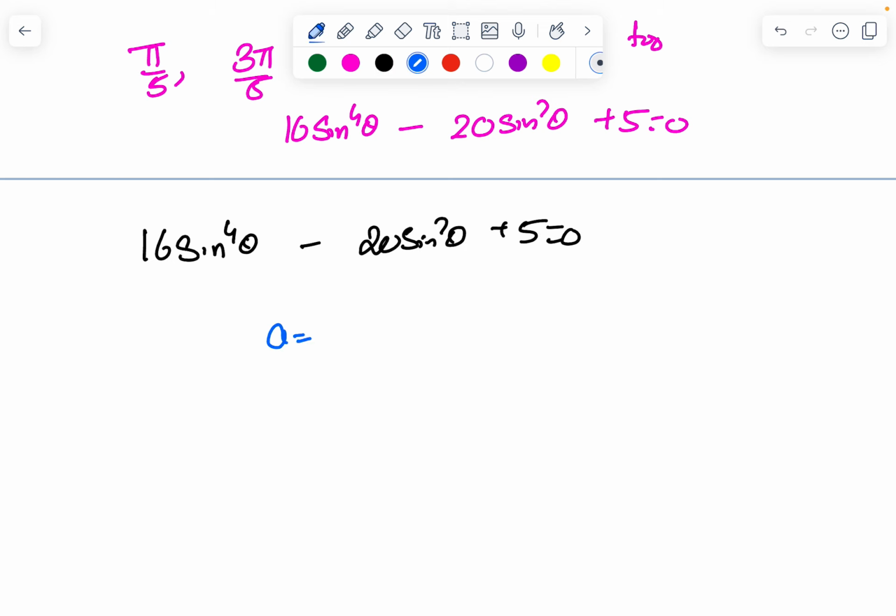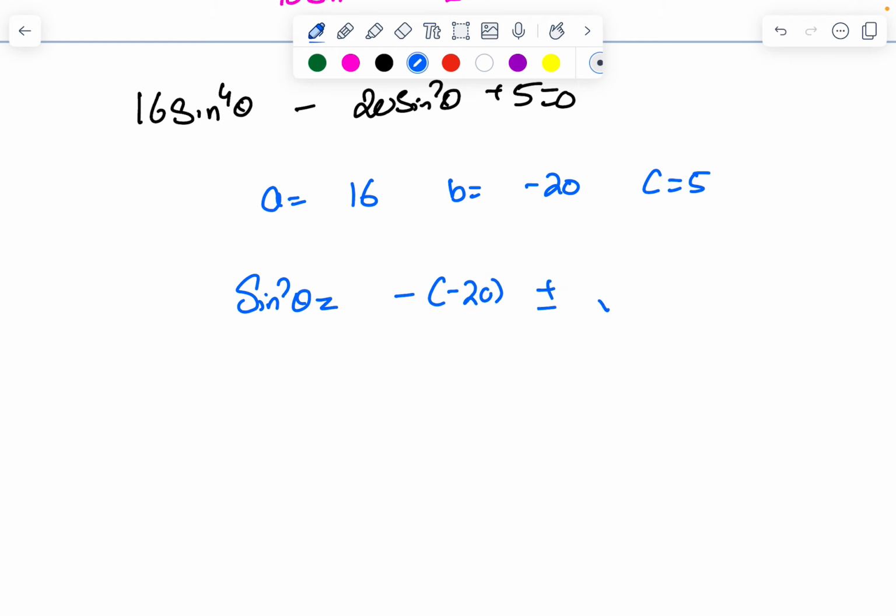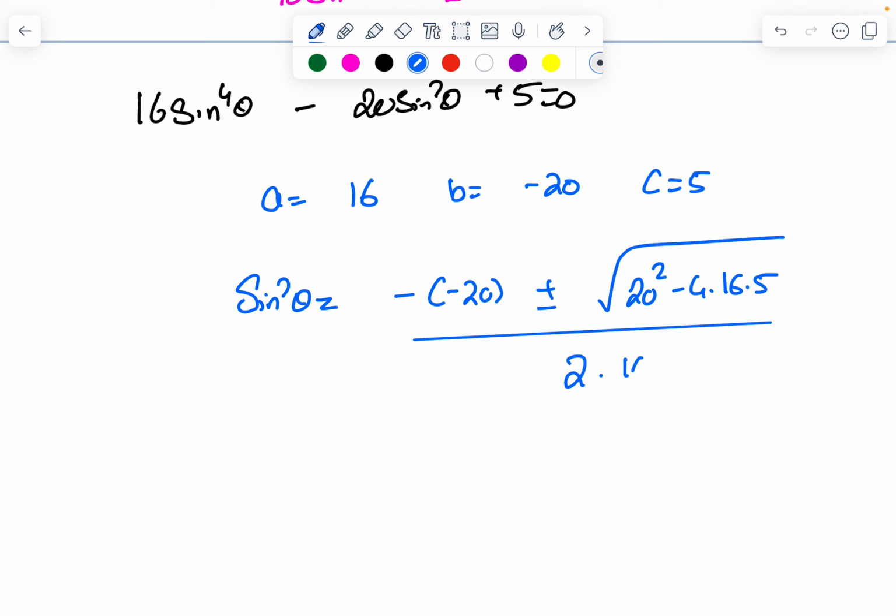So a equals 16, b equals negative 20, c equals 5. So by the quadratic formula, sine square theta equals minus b plus or minus square root of b square minus 4ac upon 2a, 2 times 16.